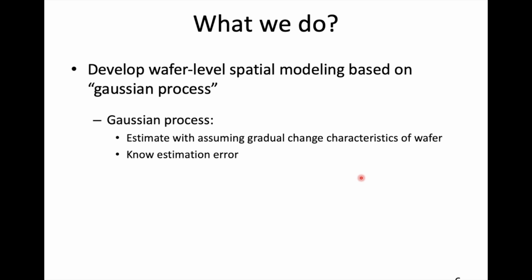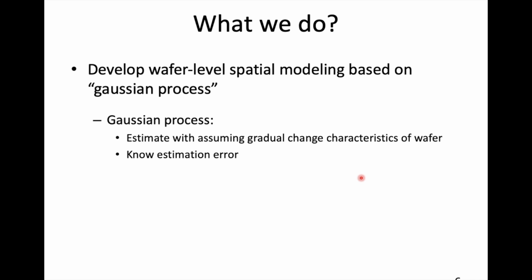In this machine learning model, we will develop a wafer-level model based on Gaussian process that estimates and predicts the activities of the rest of the dies. Naturally, there is a correlation between the dies in the wafer.